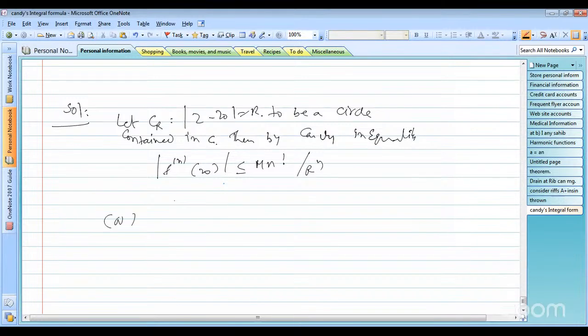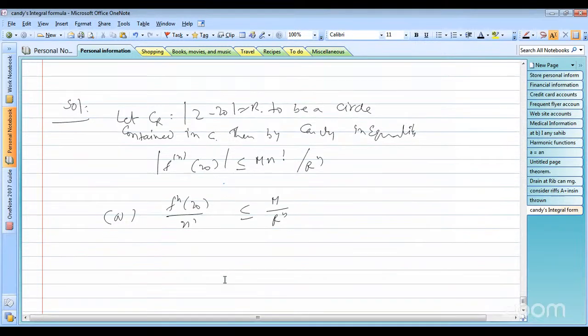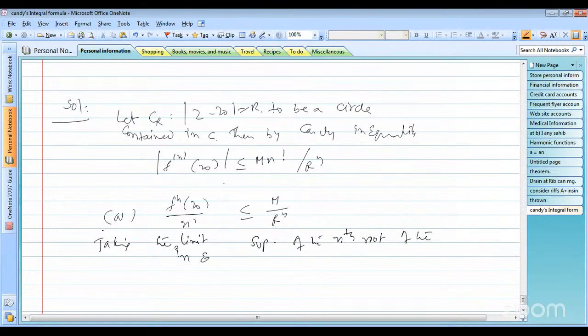Or we write |f^(n)(z0)| by n! less than or equal to M by R^n. Now taking the limit supremum of the nth root on both sides of the inequality, we get the result here.